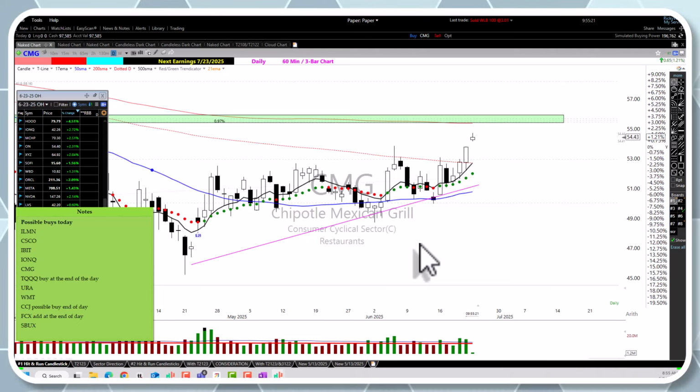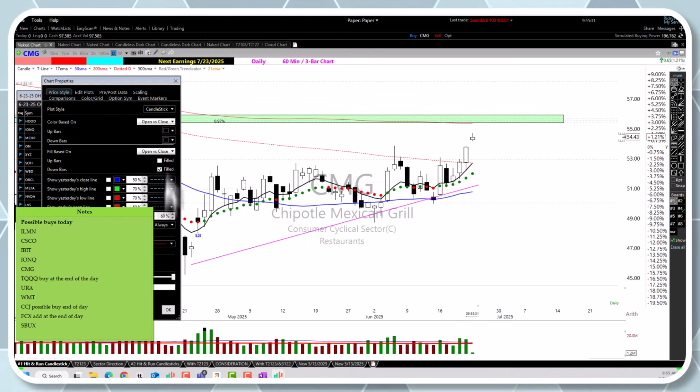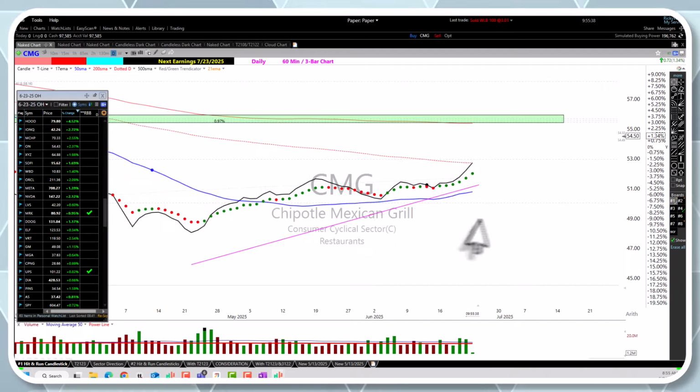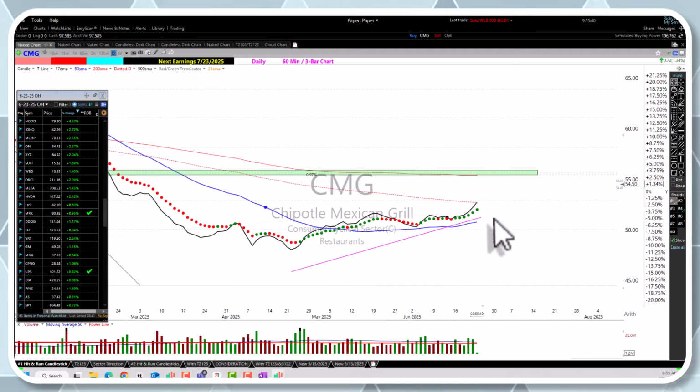Now, the dotted deuce was created a few years ago, and it took me over a year to mess with this thing to get it where I was happy. The origination of this came because of the rounded bottom breakout. I wanted something that was in between the 50 period moving average and the 200.